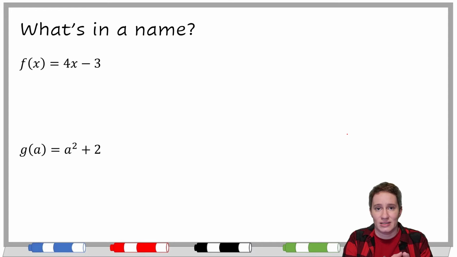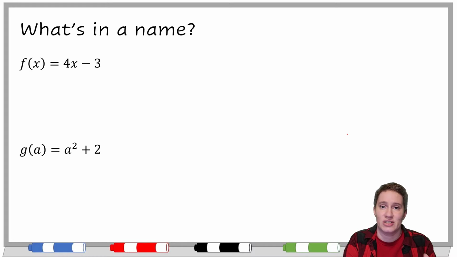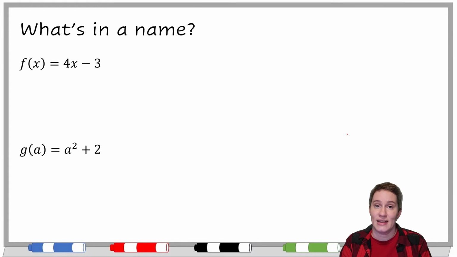So f of x is saying, hey, this is a function f, and we have an x on the right side. So if you wanted to graph this, for instance, you would plug things into x. That's kind of what it's saying. For the second one, g of a, we've named it g, and it's saying, hey, a is the variable that's on the right side. So that's me trying really hard to break down what this notation is saying.